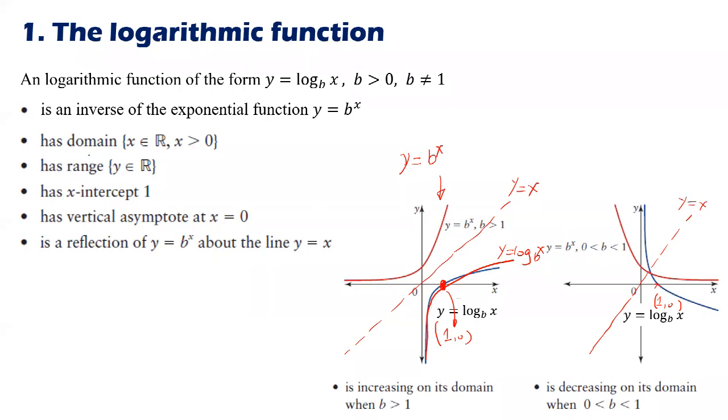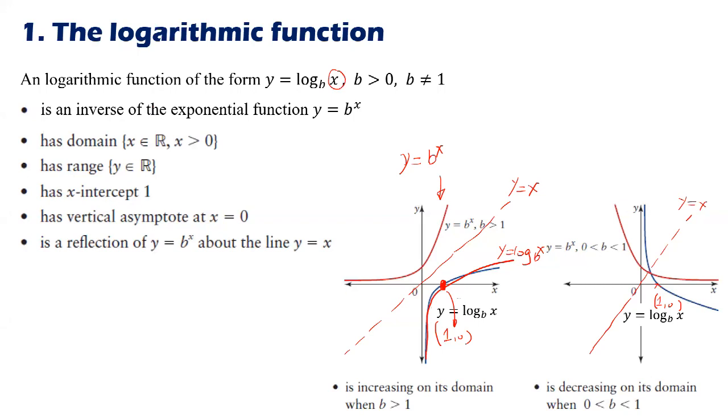Okay. And then the logarithmic function has a domain: x belongs to the real numbers and x must be greater than 0. Okay, it's not defined on the left side of the y-axis. x here must be greater than 0.